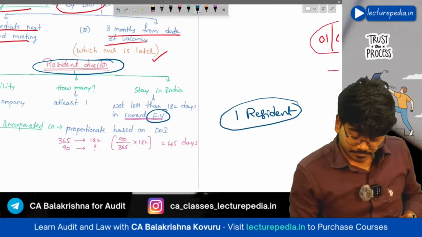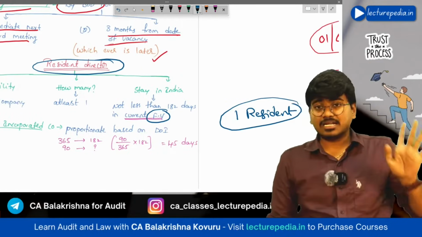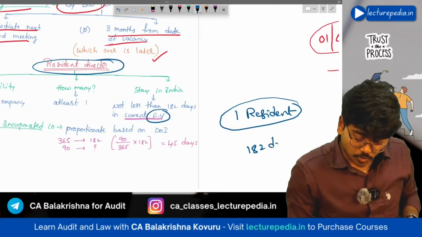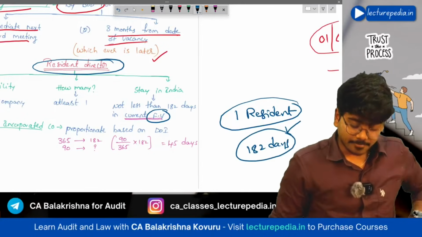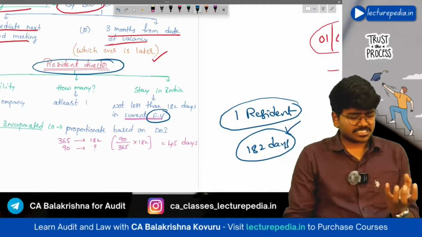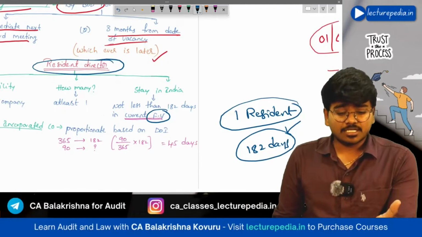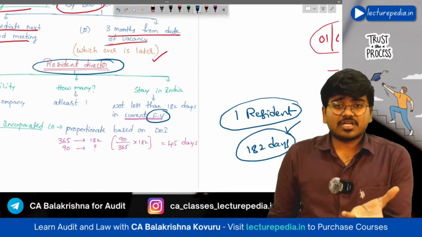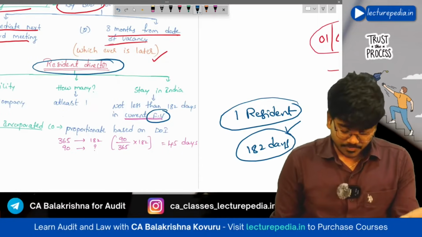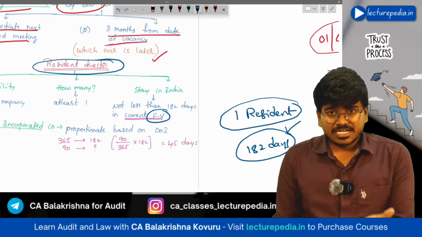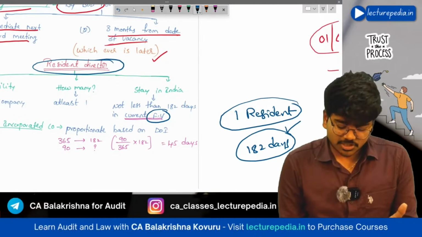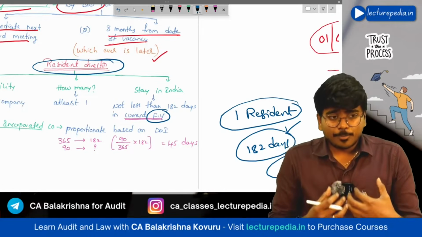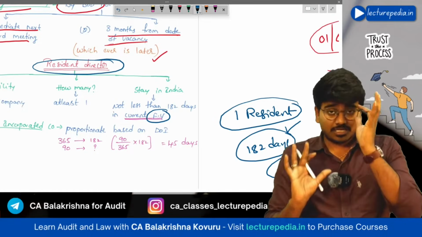That means at least one director must stay in India for at least 182 days or more in the current year. Why? Because director has been appointed to manage the business of the company. The assumption of the Companies Act is that if director stays in India for at least 6 months or more, then it can be assumed that he is properly involved in the decision making of the company.